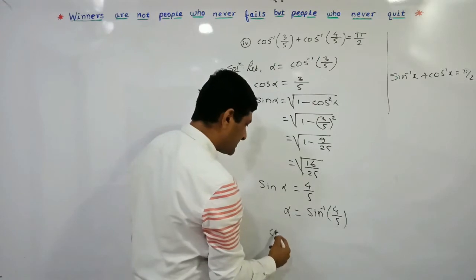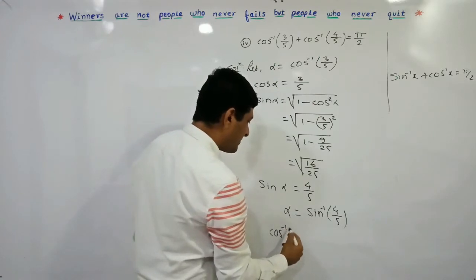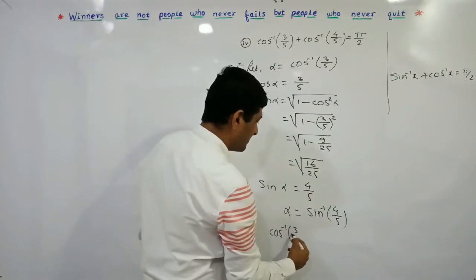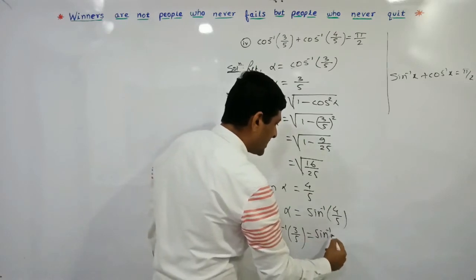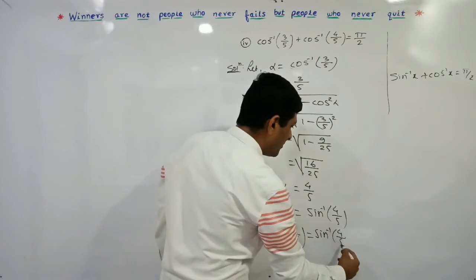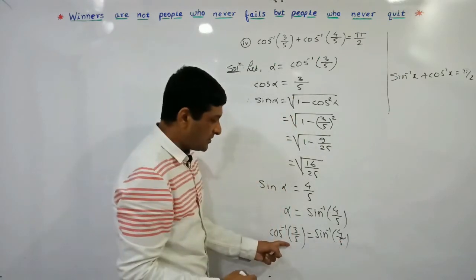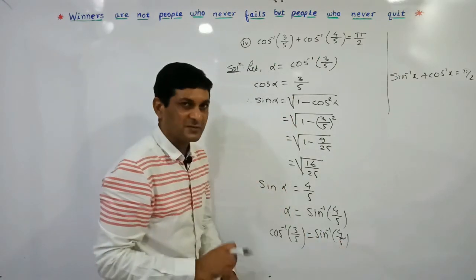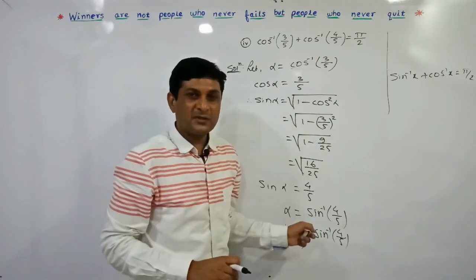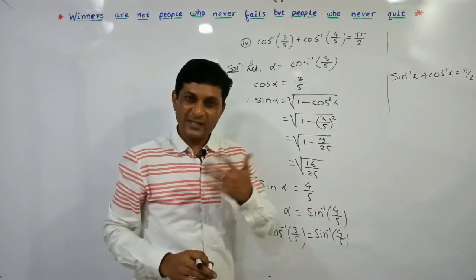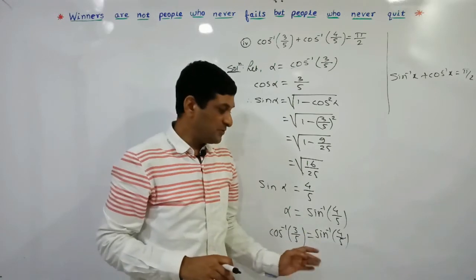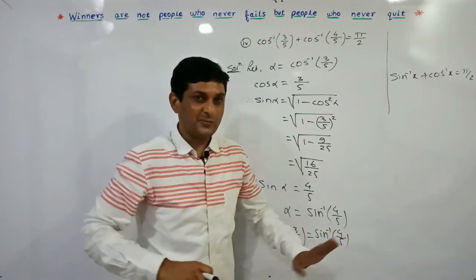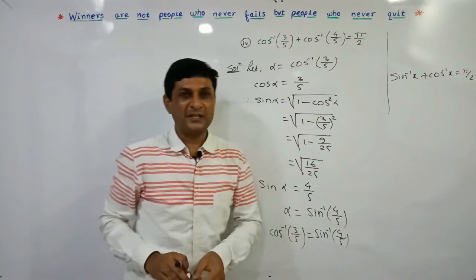So replace alpha by cos inverse of 3 by 5, keeping the right hand side as it is. What we observe here is that we have converted this cos inverse in terms of sine inverse. This long method we have utilized here; in objective type questions, within 2 or 3 seconds we are able to find the value of cos inverse in terms of sine inverse. Later on we will discuss it.